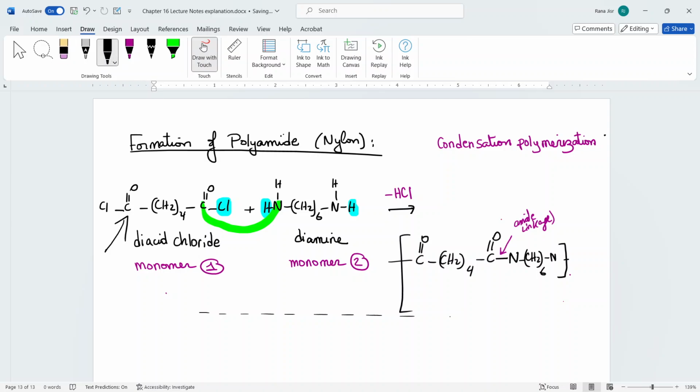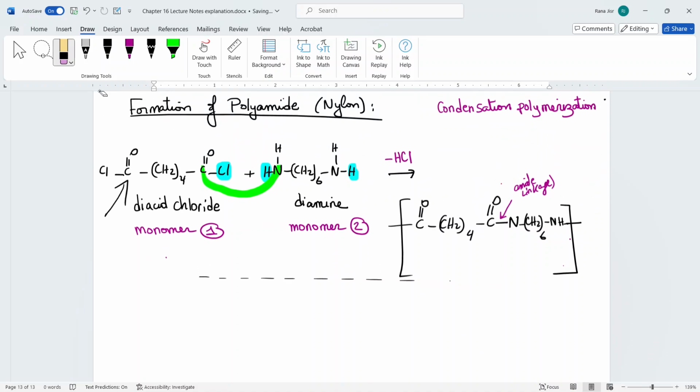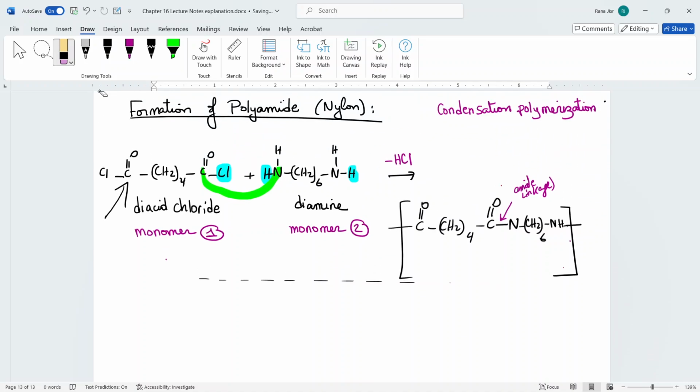So we have the NH, and that's it. So that is going to be the polyamide repeating unit. Okay, make it like that. And that is going to be the polyamide repeating unit of nylon.